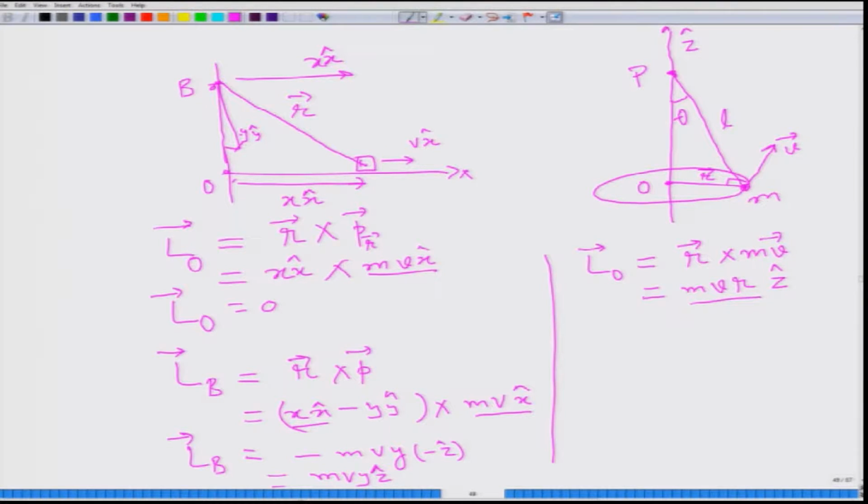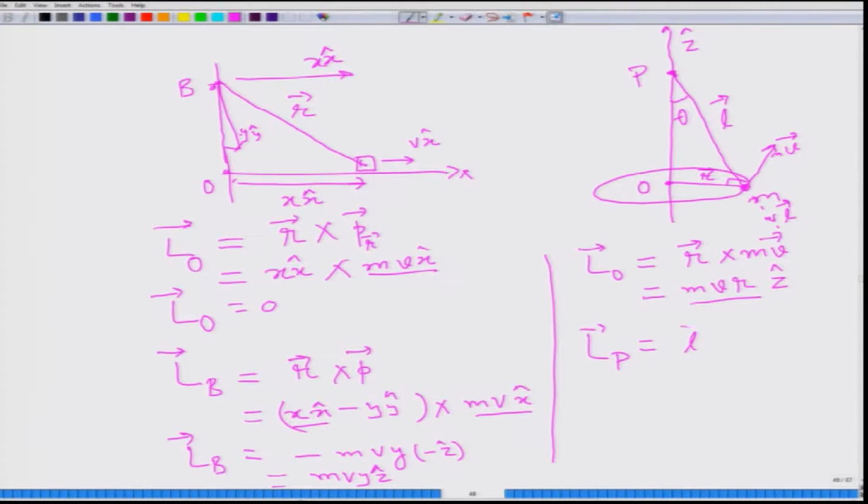Let us calculate the angular momentum about the pivot point P. So this is about point P. Here, this is vector L, and this is vector V. With respect to point P, the position of the bob is vector L and its momentum is in this direction, which is mv.